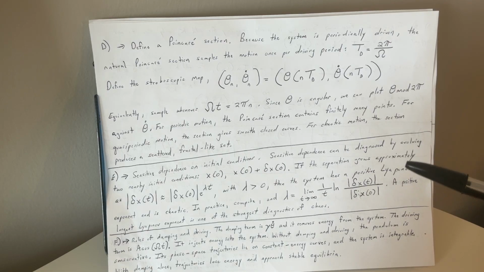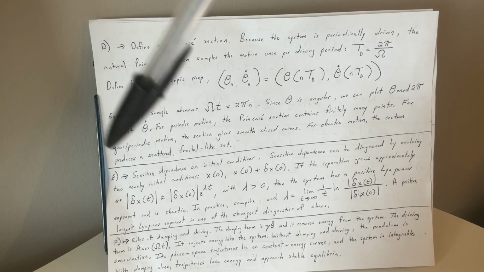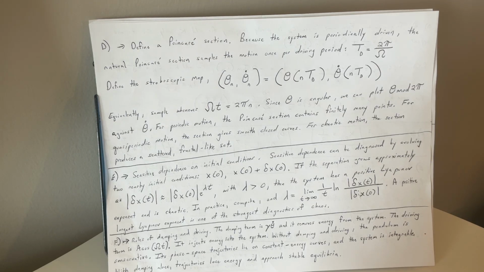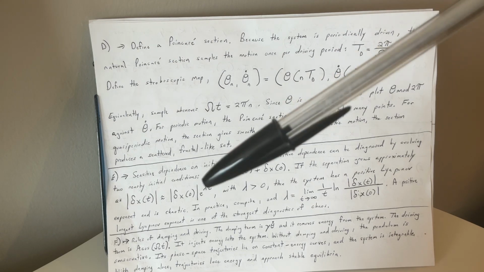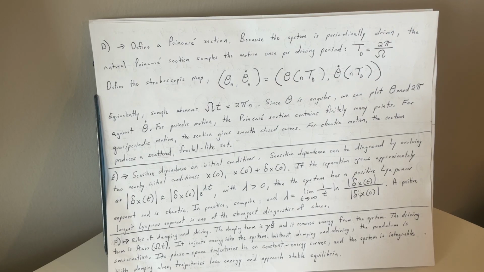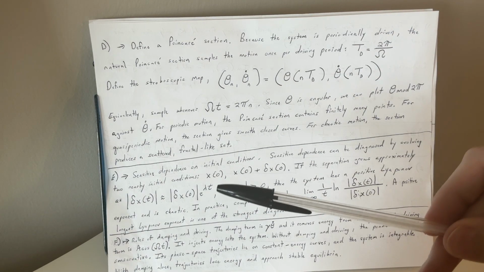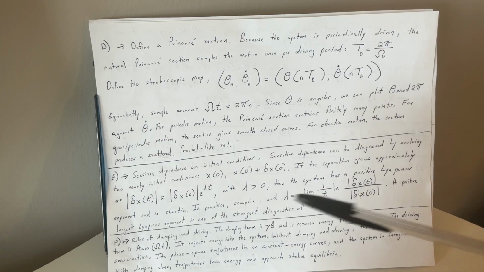And if the separation grows approximately as the magnitude of delta x of t is approximately the magnitude of delta x of 0 times e to the lambda t, with lambda again being greater than 0, then the system has a positive Lyapunov exponent and is chaotic.